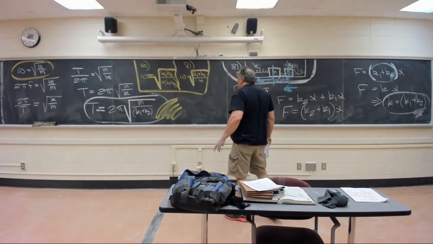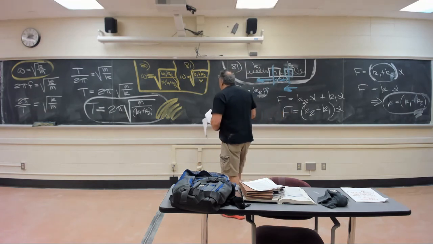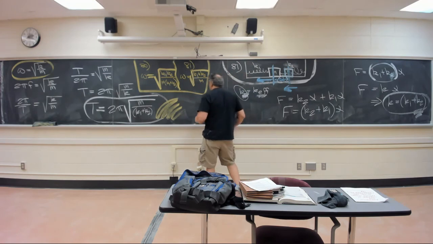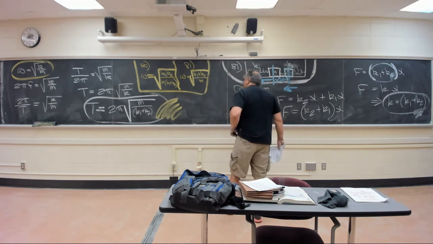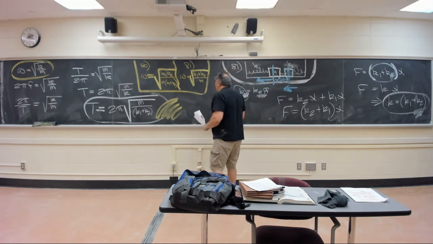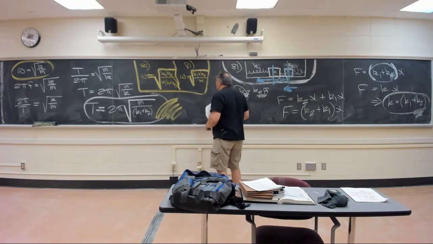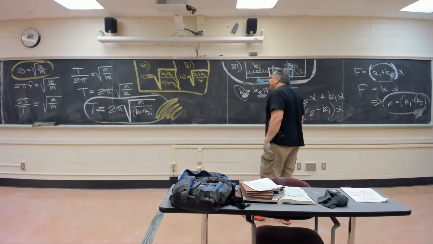What you got here, this one should be a bigger number. The reason for that is, well, there's a whole bunch you could argue on this one, guys. K1 squared, K2 squared, 2K.